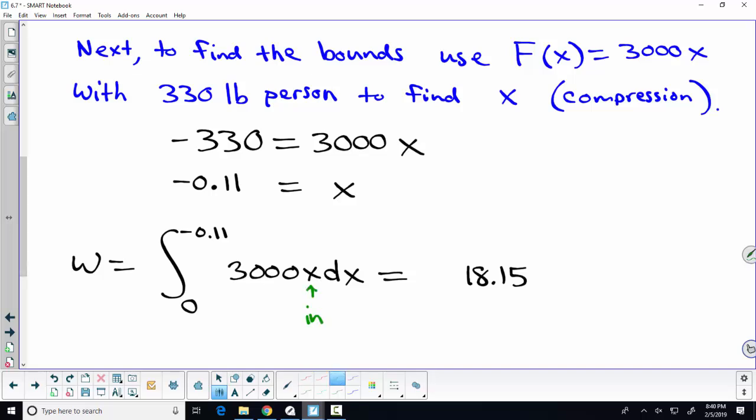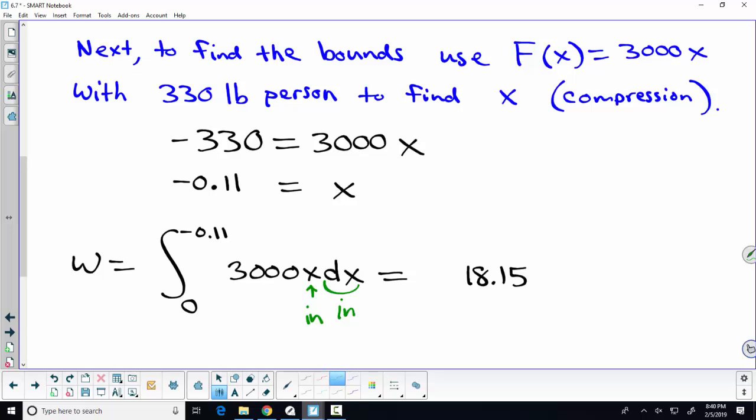And dx, another change in X, small change in X. How much? Also inches. Where are pounds at? From the question, it's in pounds. Yeah, our force is in pounds.